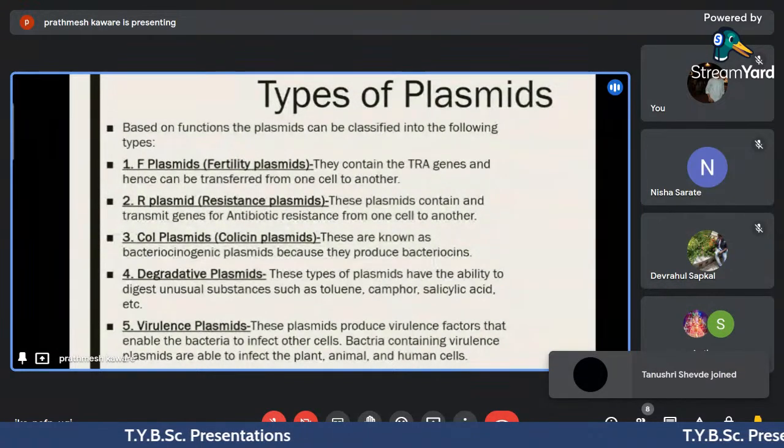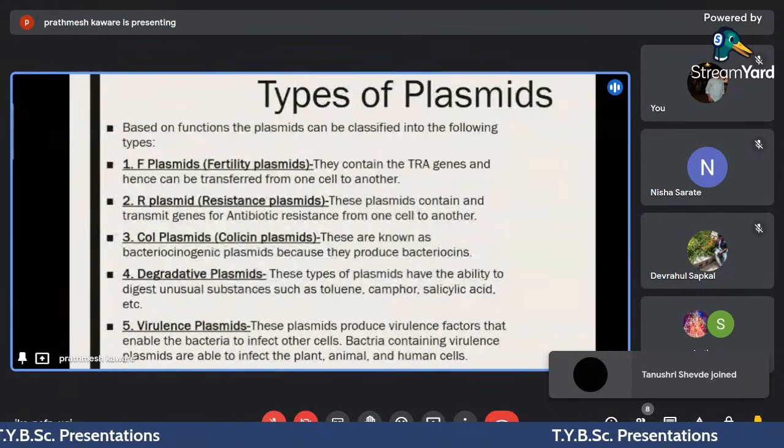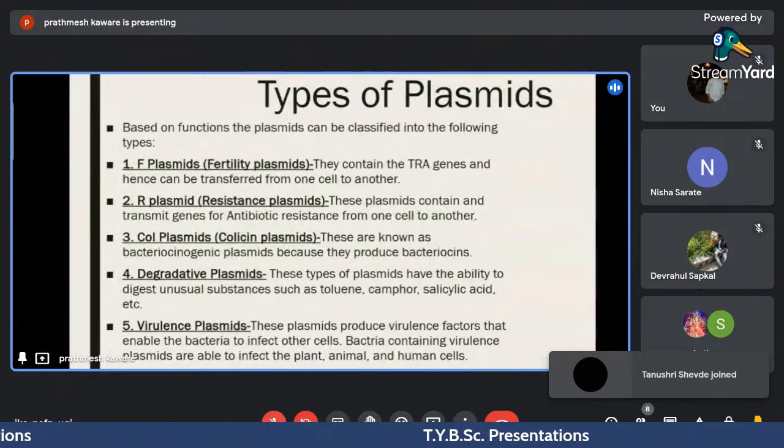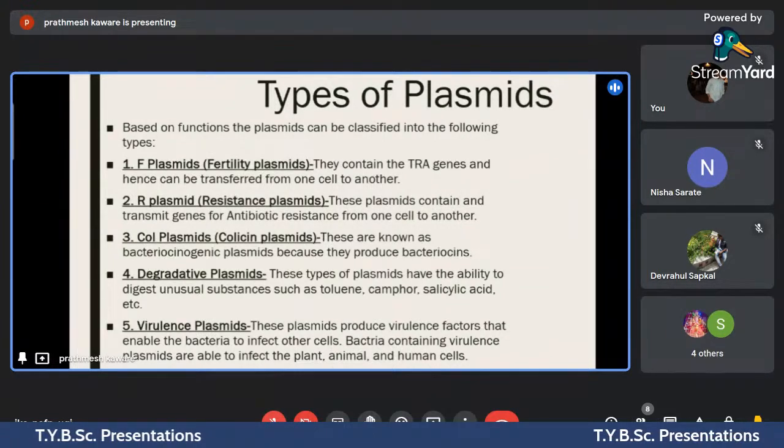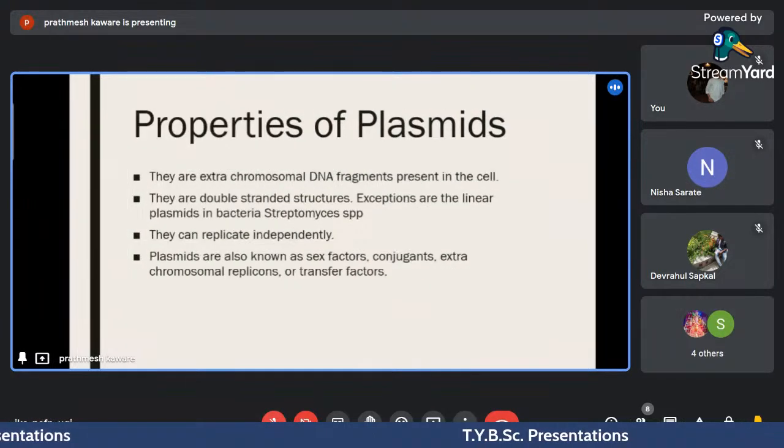Virulence plasmids produce virulence factors that enable the bacteria to infect other cells. Bacteria containing virulence plasmids are able to infect plant, animal, and human cells.